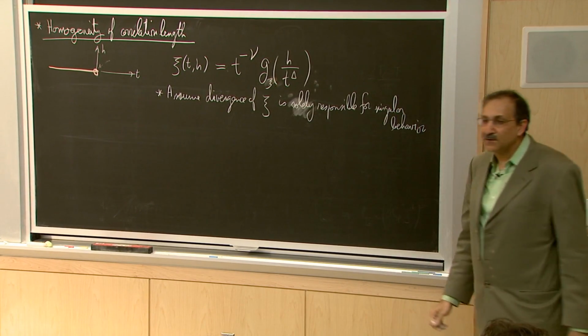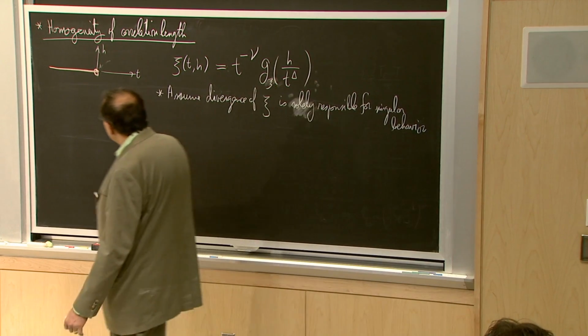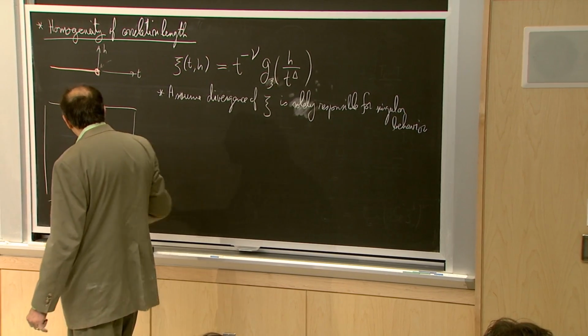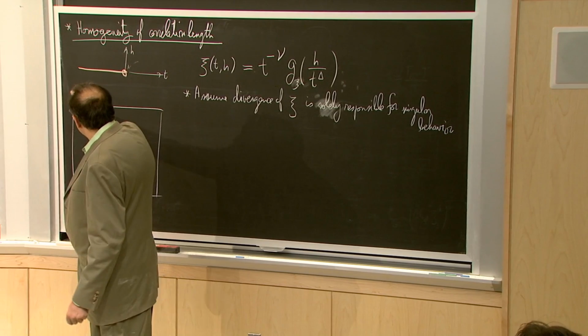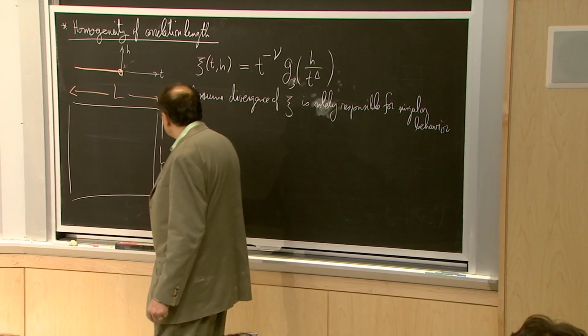And you say, what does all of this mean? So let's say that I have a system, could be my magnet, could be my liquid gas, that has size L in each direction.